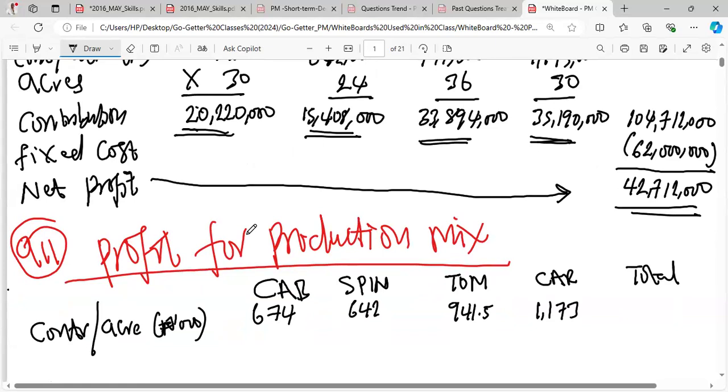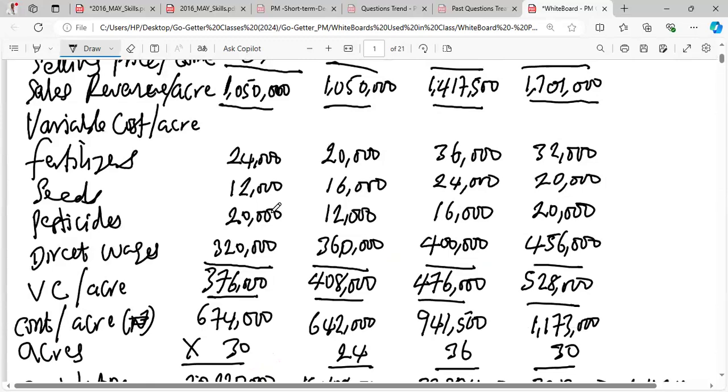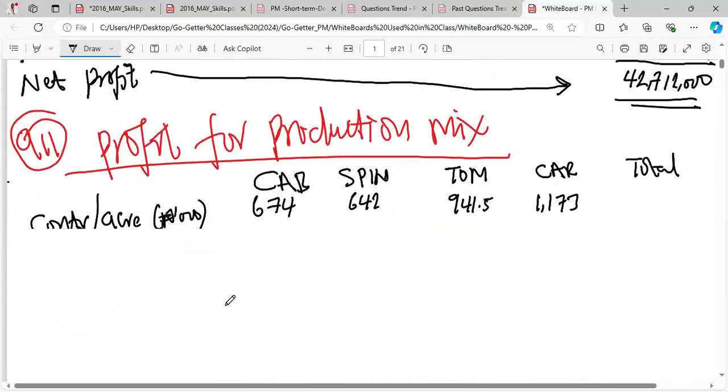Now, what is our limiting factor? Our limiting factor is the acres of land. And of course, that means we are supposed to now look for contribution per limiting factor.